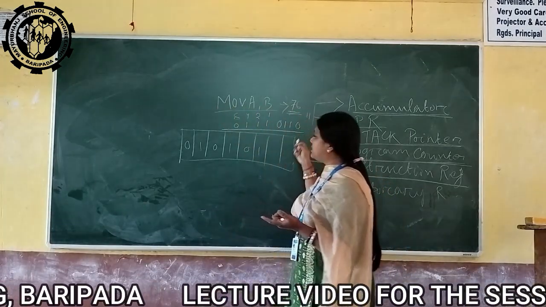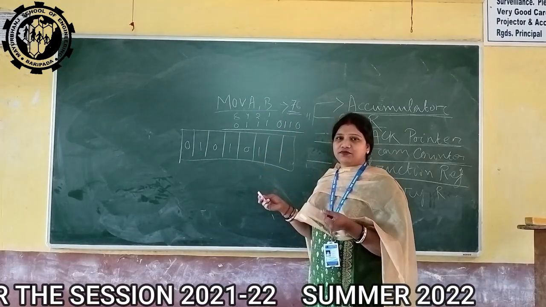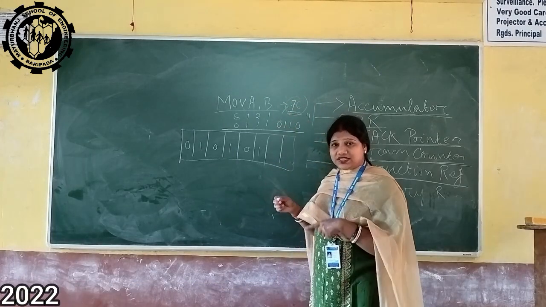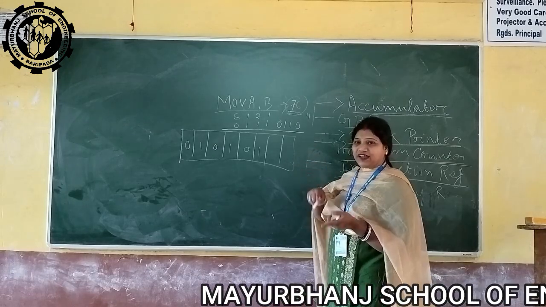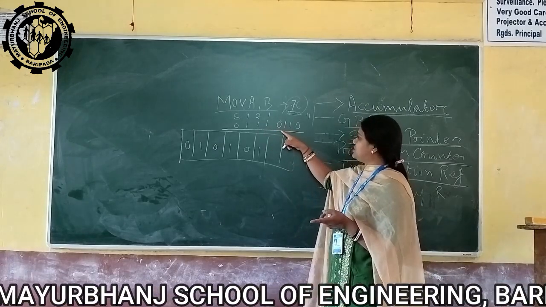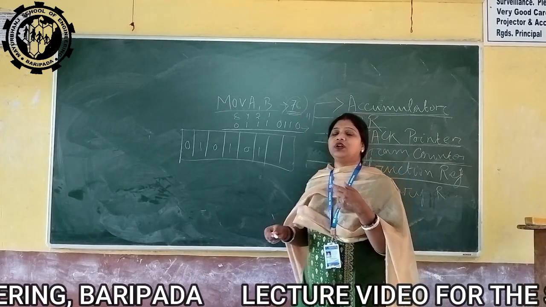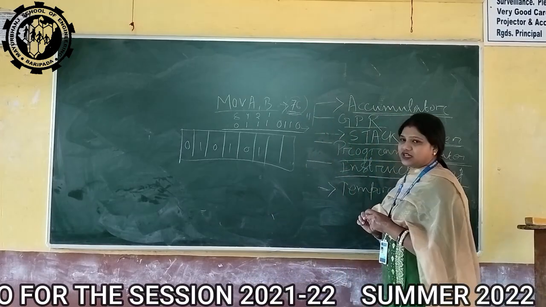The microprocessor cannot receive MOV A, B; it requires binary data. In hexadecimal it is 76, which is converted into binary 0111 0110, and that is taken as input to the ALU or the microprocessor. That is all about the instruction register.